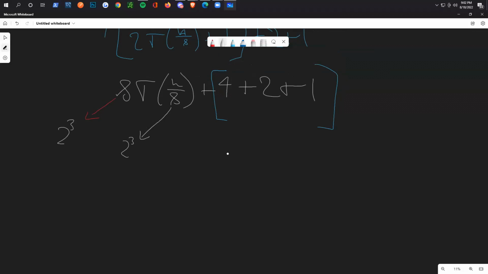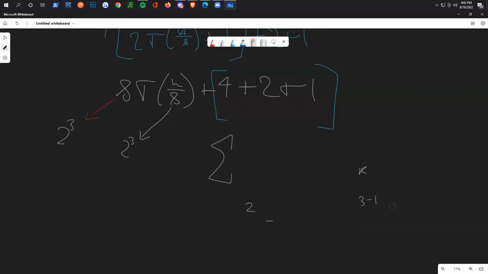So we can write it like this. A summation, if in each recursive call k is 3, and we're going up until 4, remember 4 is 2 to the 2. So how can we get from 2 to the 3 to 2 to the 2? We can do minus 1. So this is your k, so k minus 1. This is how the summation is changing.